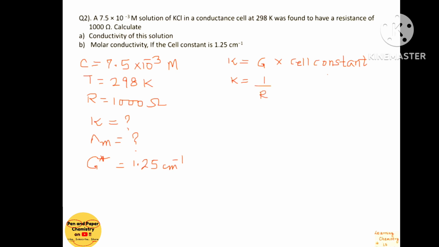This is 1 by R, and the cell constant value we note as 1.25. So when you put the value of R as 1000, we can simply put the value of kappa as 1.25 into 10 to the power minus 3. What will be the unit? Very good, Siemens per centimeter.